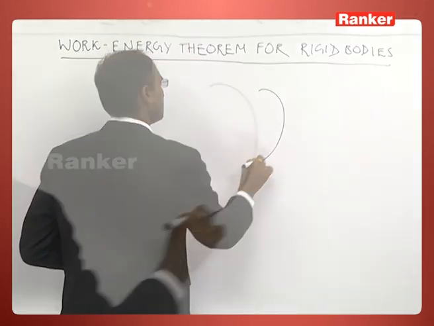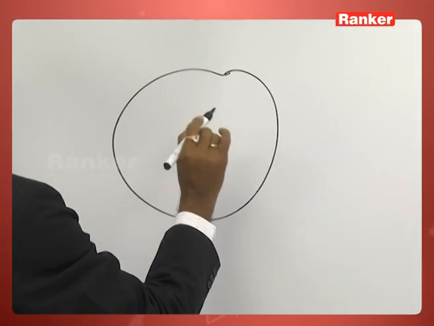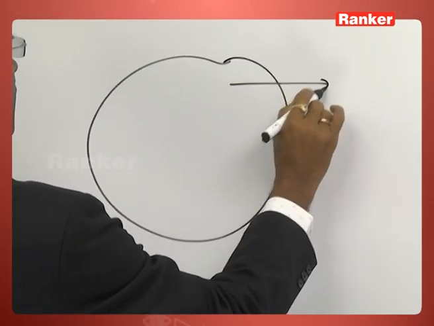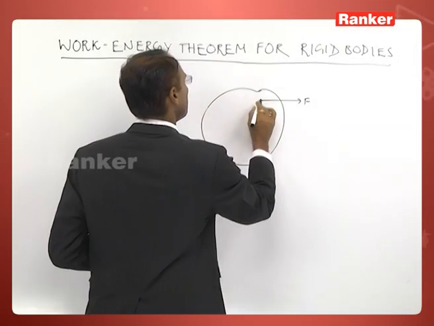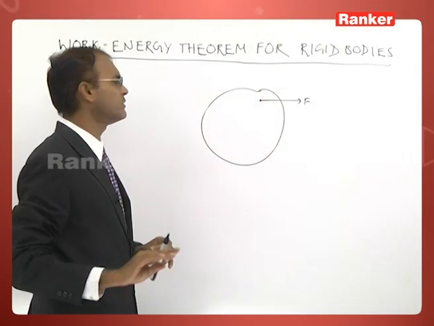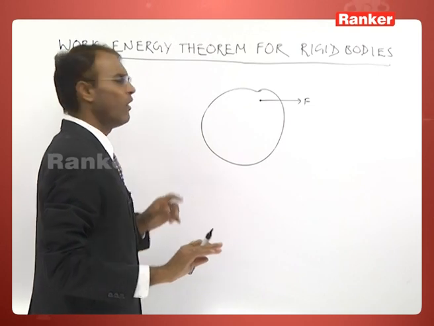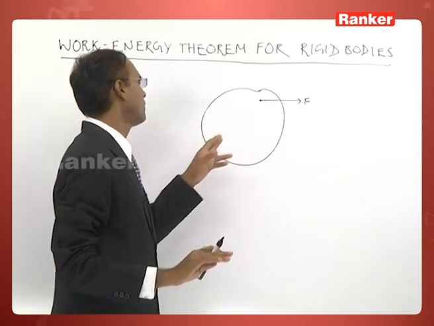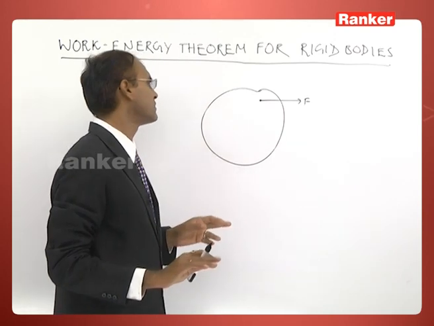If you take a rigid object and consider a force acting on the rigid object from outside, only outside forces can produce torque about the center of mass.